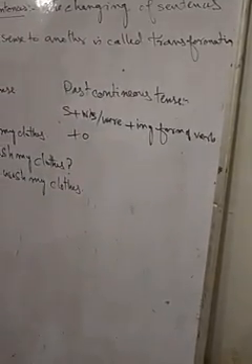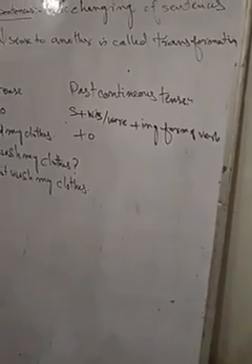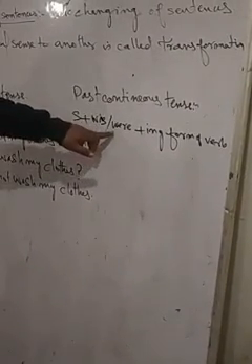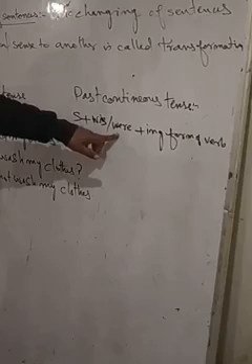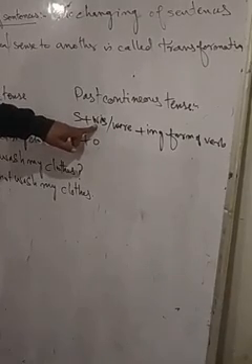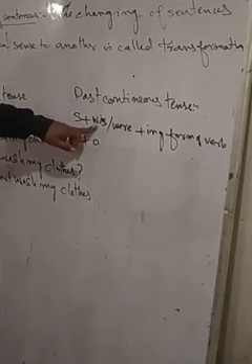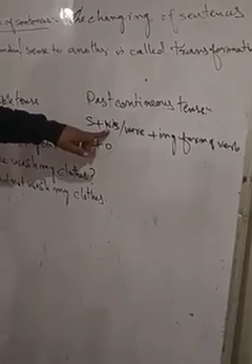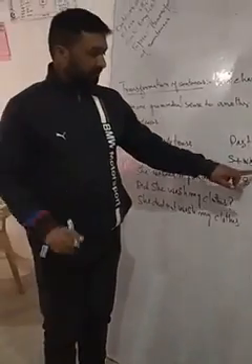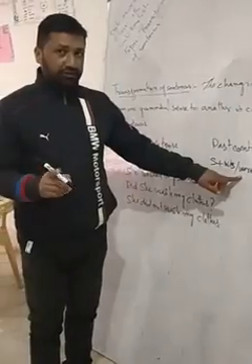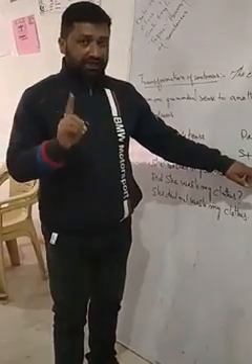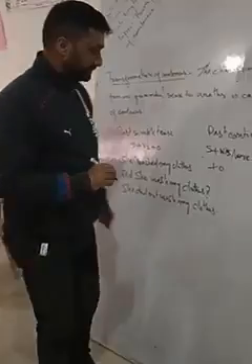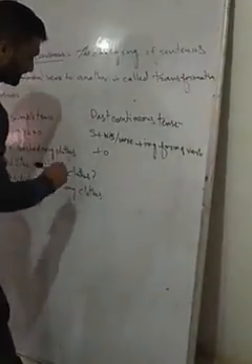Now, before we make sentences, care is to be taken that we have to differentiate between was and were. Was is used with singular nouns or pronouns. Were is used with plural nouns or pronouns. Now I make a sentence here.